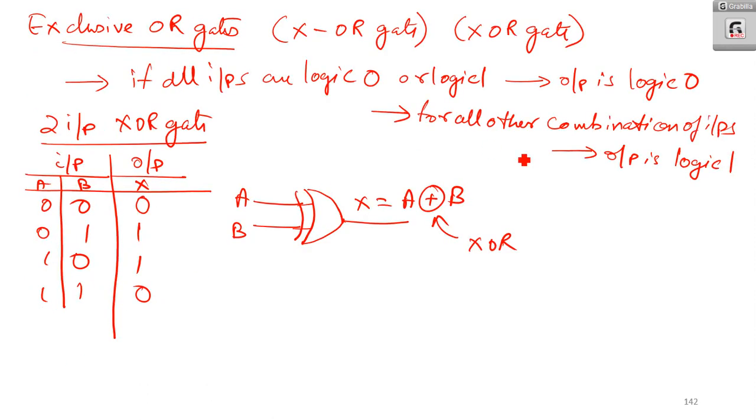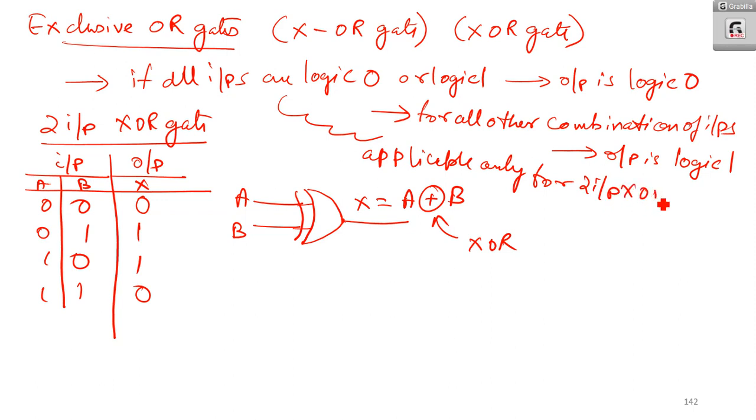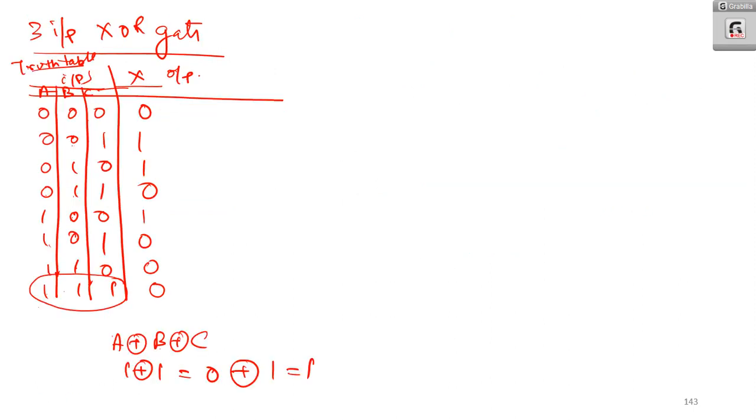So here this definition is applicable only for a 2-input XOR gate. Okay. So in the case of a 3-input XOR gate, how can we represent it? Okay.